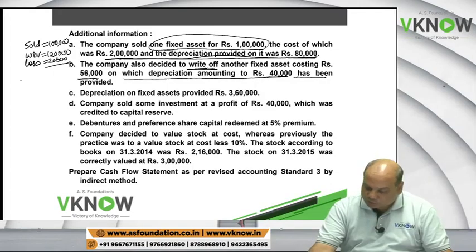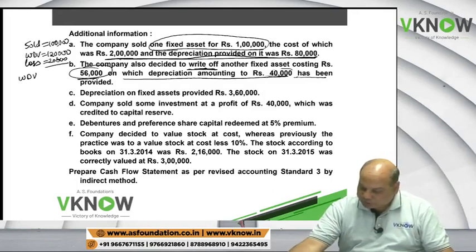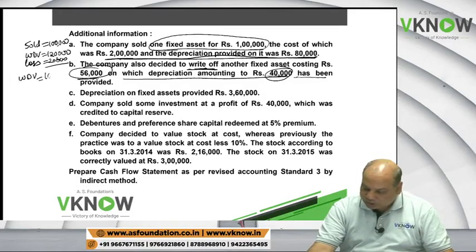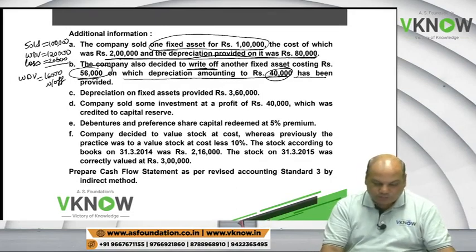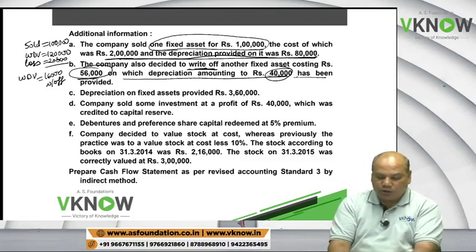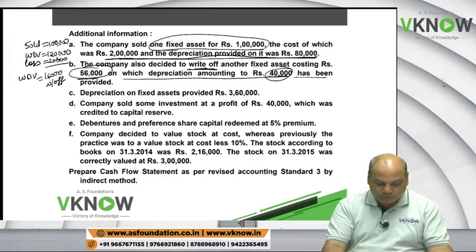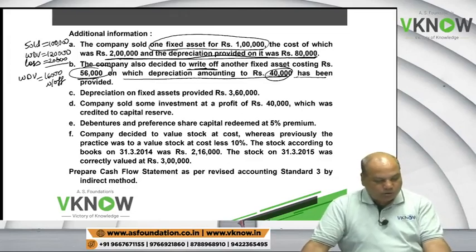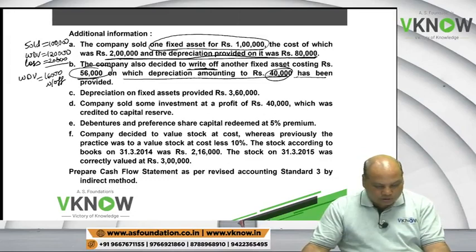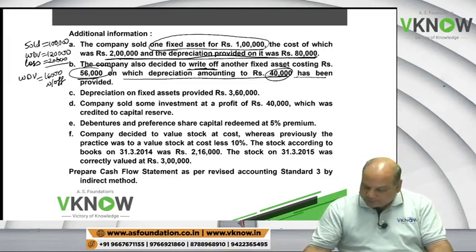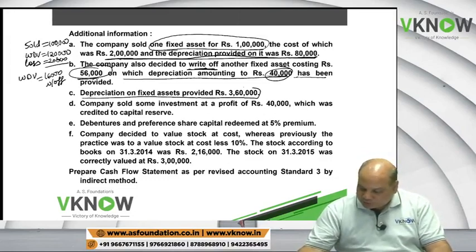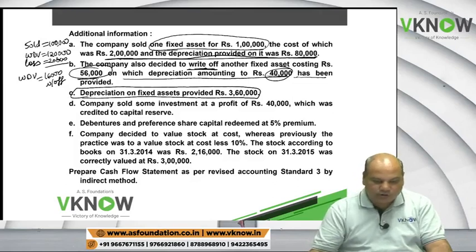So what is the WDV of this asset which is to be written off? 56 minus 40, the asset of 16,000 will be fully written off in the profit and loss account, like the previous question. Next line, depreciation on fixed asset to be provided is 3,60,000.